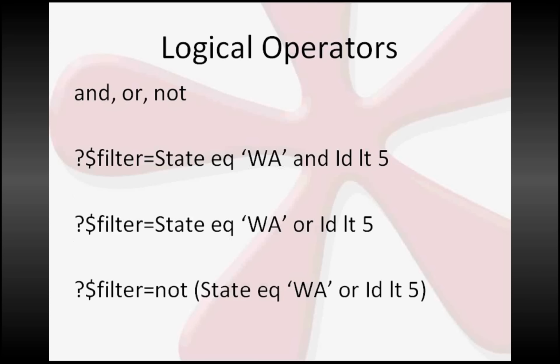If I wanted to get records where a state was Washington or the ID was less than 5, for whatever reason, I could use the second filter. And let's say I wanted to get none of the rows where a state was Washington or that had an ID under 5. I could set this up here using a not operator, and that would get those for me.